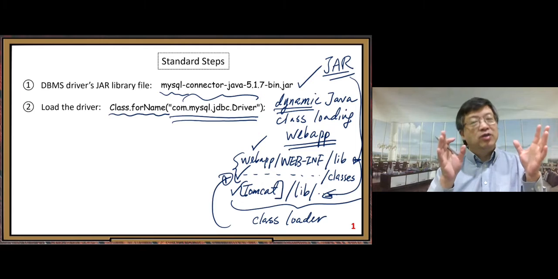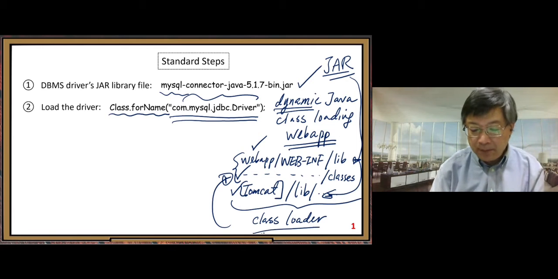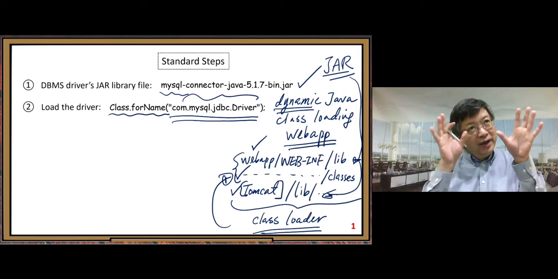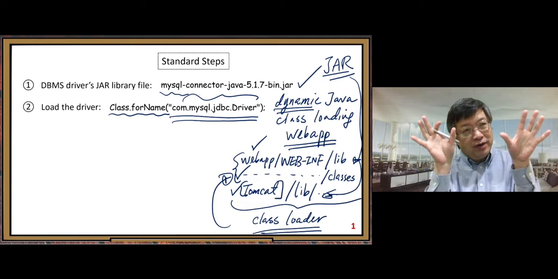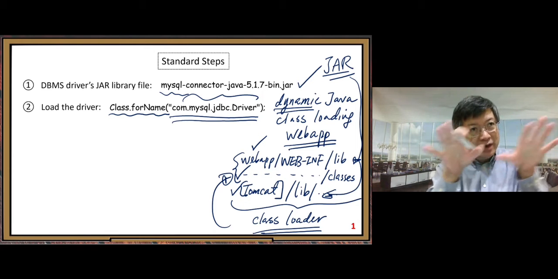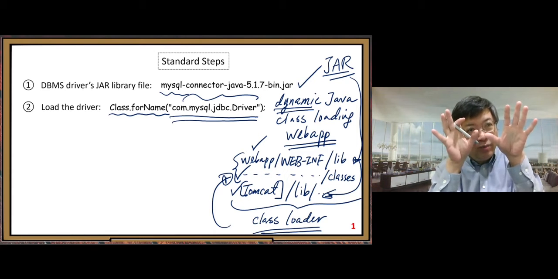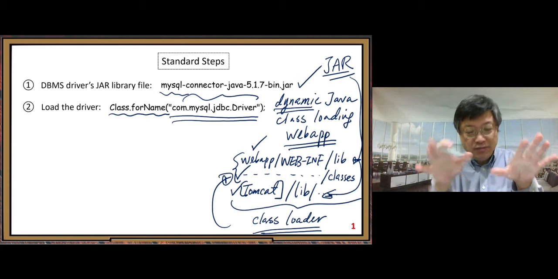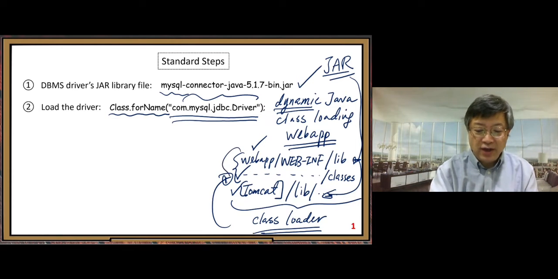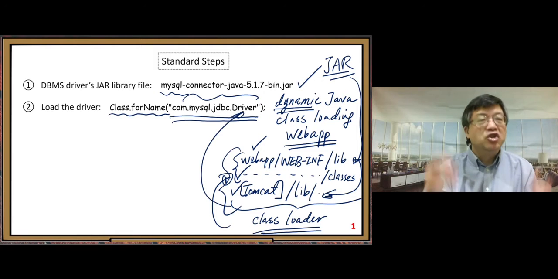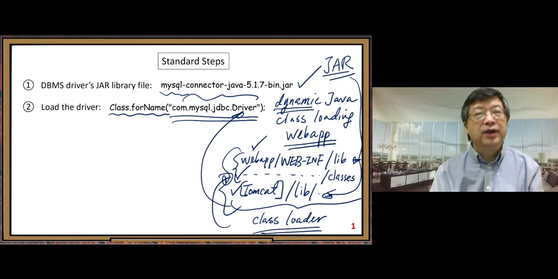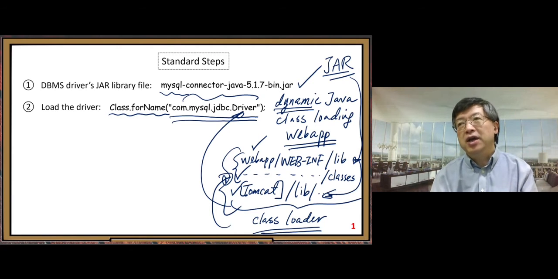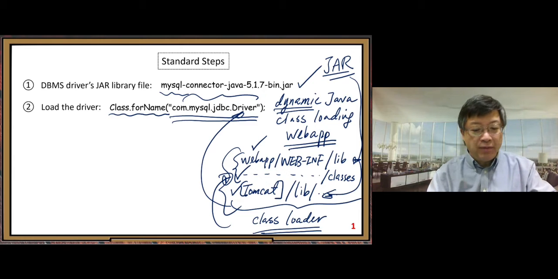When you hear the class loader name, that's just some program inside the server that tries to locate the appropriate Java class from these three locations and get them into the JVM, ready for doing things in your application. That is step number 2, dynamic loading.